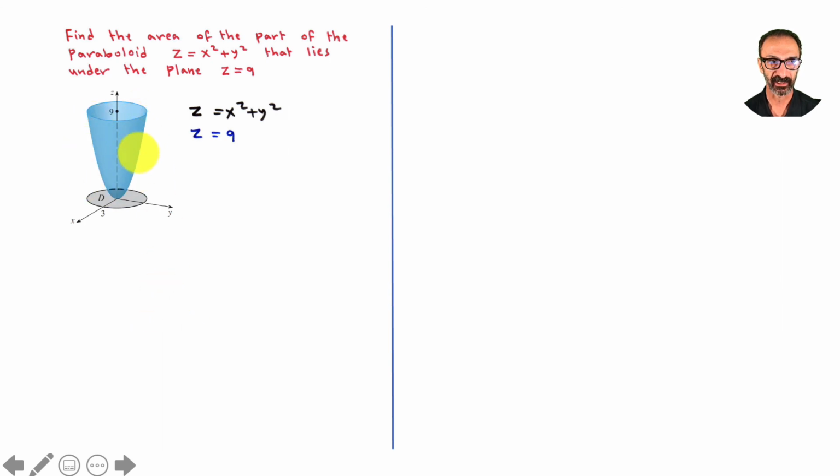This is z equals x squared plus y squared, and this z right here equals 9. We could refer to the surface, which is z equals x squared plus y squared, as a function of x and y, just like the previous special case concept.